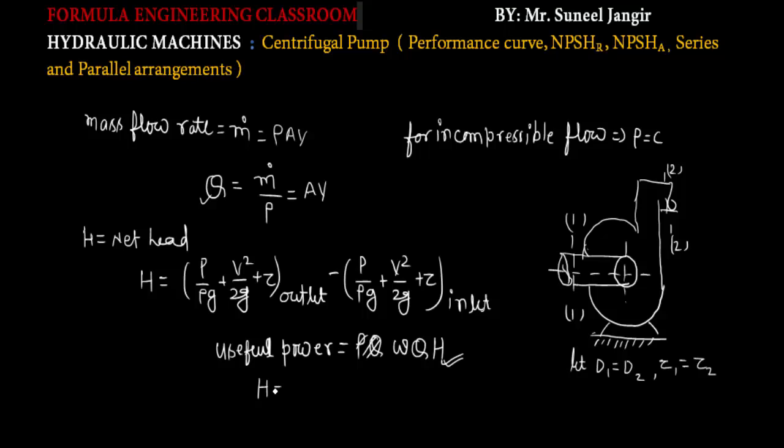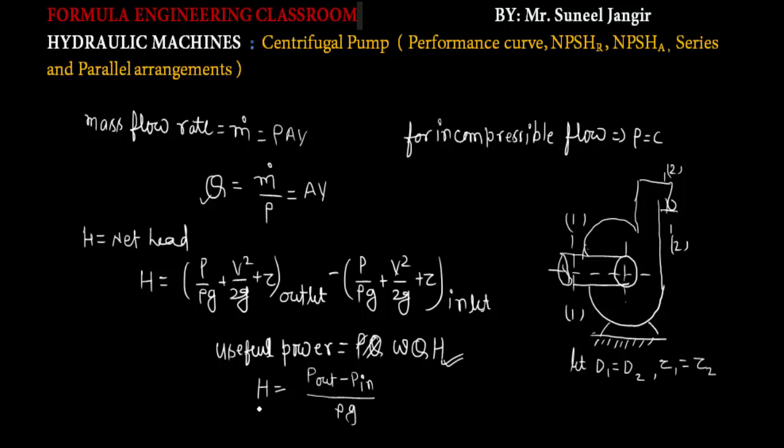So this net head will be (p out minus p in) divided by rho g. So in that case this head only defines the rise in pressure in the pumping action, when the diameter and elevation at the inlet and outlet are the same.